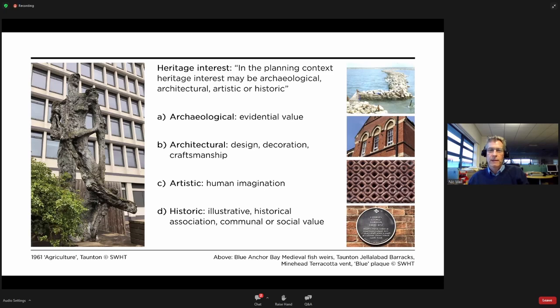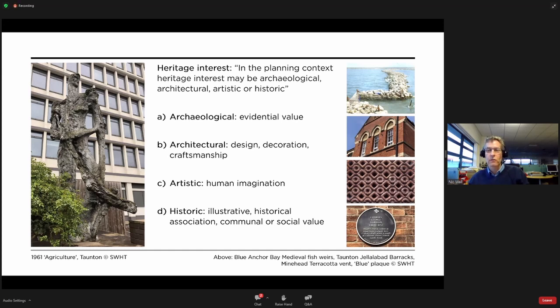These features and places need to hold heritage interest to be eligible, which is defined as being of either archaeological, architectural, artistic, or historic interest. The four qualities will also normally overlap, but very briefly, archaeological interest is about providing evidence of past human activity.